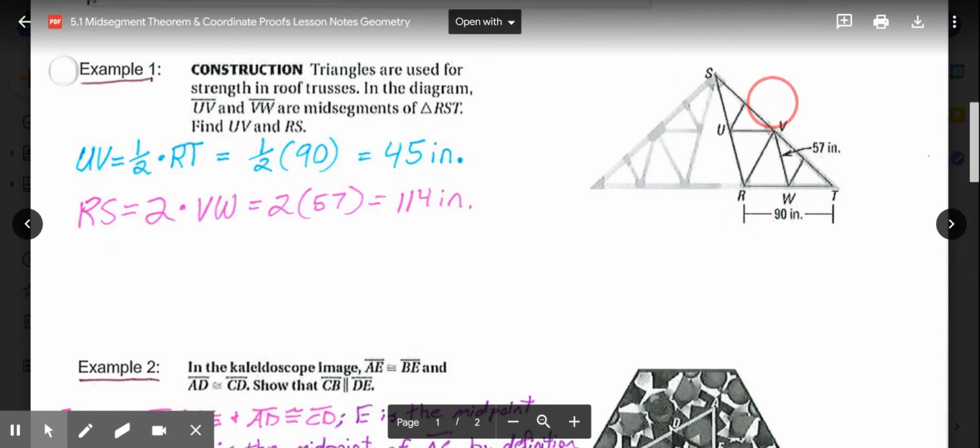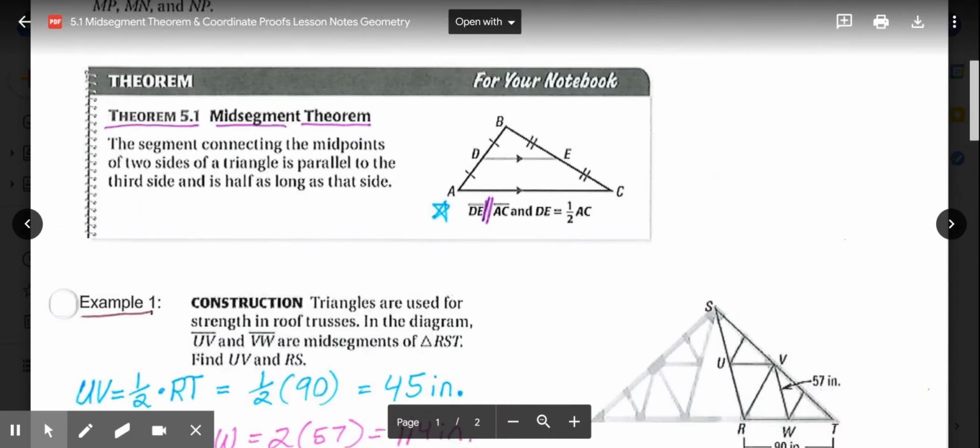So if VW is a midsegment and it's 57 inches, it's parallel to side RS, and it's half of RS's measure. So if I take 2 multiplied by the length of VW, I get the answer for RS. So 2 times 57 equals 114 inches for side RS.